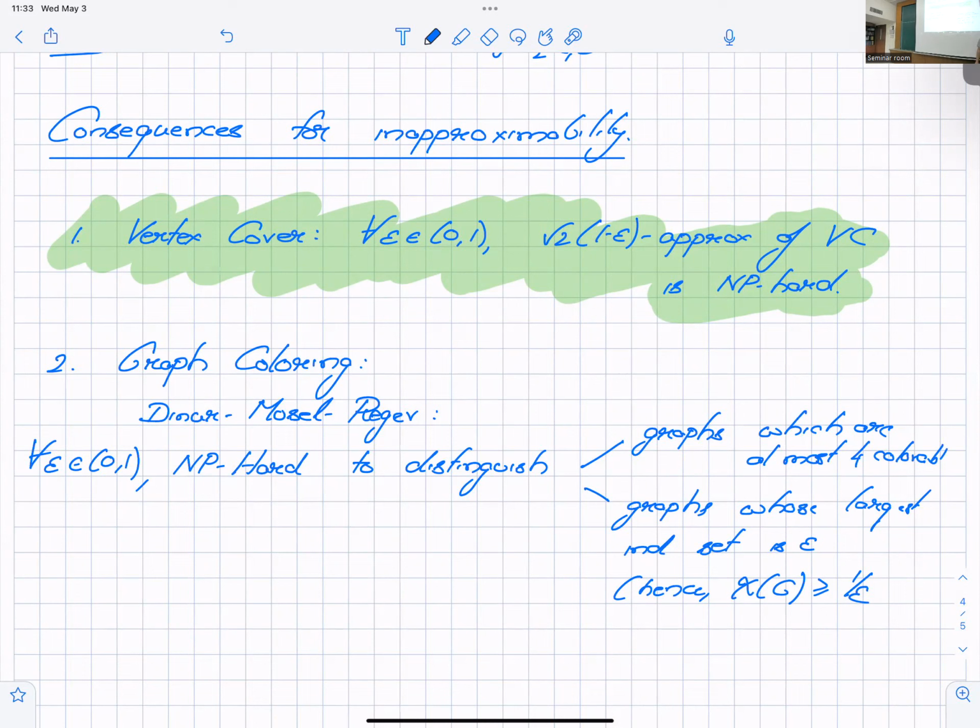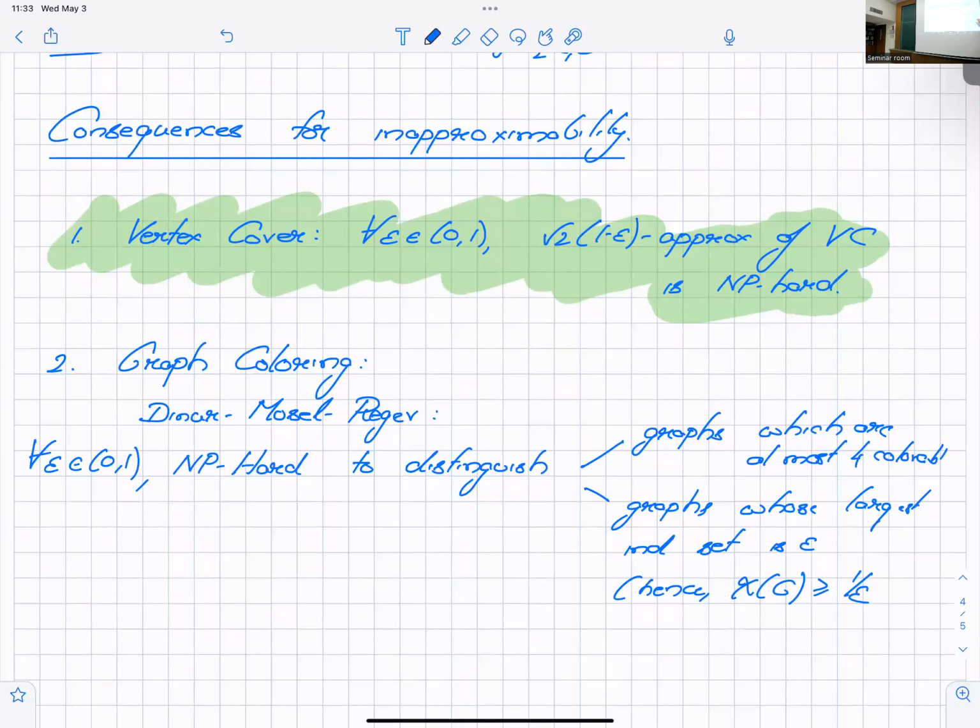Have people looked at sub-exponential time algorithms, quasi-exponential, for graph coloring with epsilon colors? Yeah, but I don't think we have anything better. So this is an area which requires new techniques, but we don't have the tools for doing it.